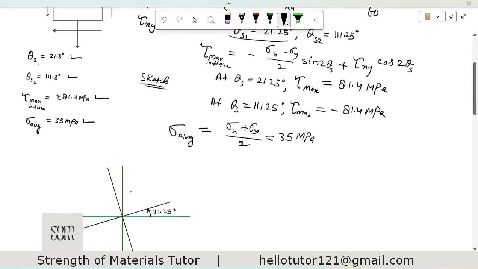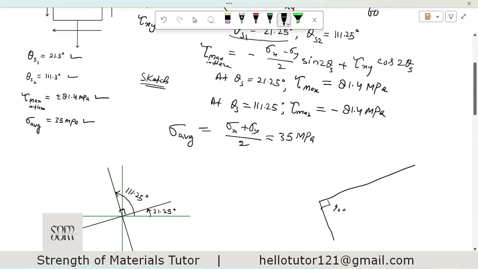It automatically means this other plane is going to be 111.25 degrees. Now what is the angle between them? It is 90 degrees, because I have told you, if we have one maximum shear plane, then we will have another maximum shear plane at an angle of 90 degrees.